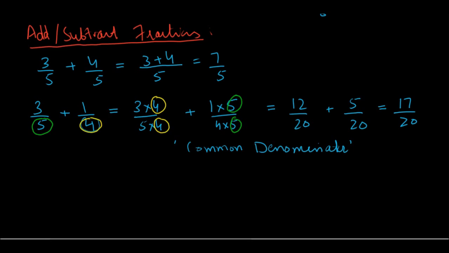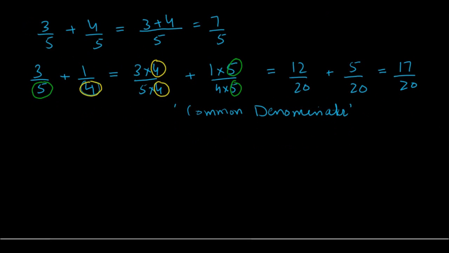So let's look at a simpler example. Let's say I have 1 over 4 and 1 over 12. Now I know 12 is a multiple of 4. So I don't need to do anything with the second fraction, just the first fraction. How about I multiply top and bottom by 3?